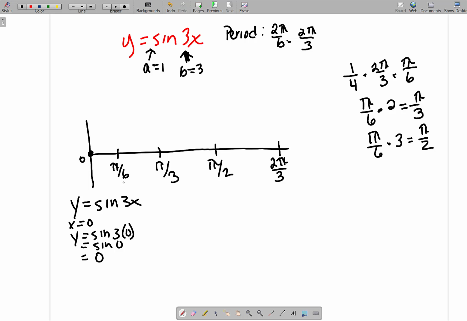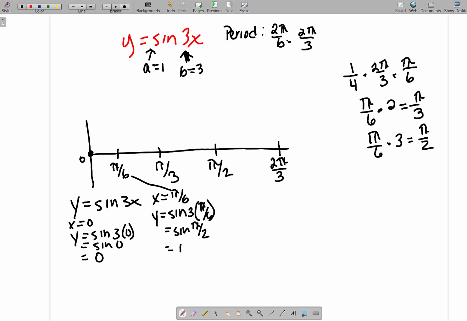Now let's do pi over 6. So if x equals pi over 6, we get y equals the sine of 3 times pi over 6 equals the sine of pi over 2, or the sine of 90, which is 1.